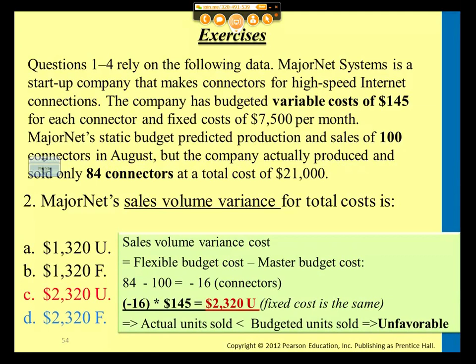Yes, so you see, now you need to understand if it's a U or if it's an F. You look at it, you see that it's unfavorable, so it's a C. It's unfavorable. Fixed cost is the same. So my actual units sold are less than budgeted units sold. I even wrote it out for you here. Sometimes if you don't remember the actual formula, and that's going to happen, I promise you 100%, try to see what it means that my actual units sold are less than budgeted units sold.